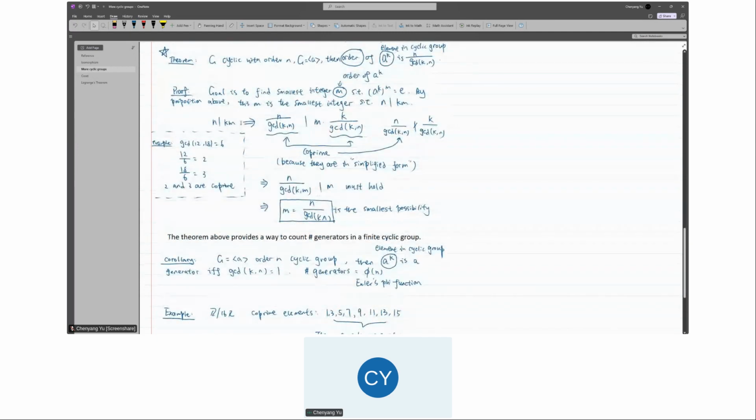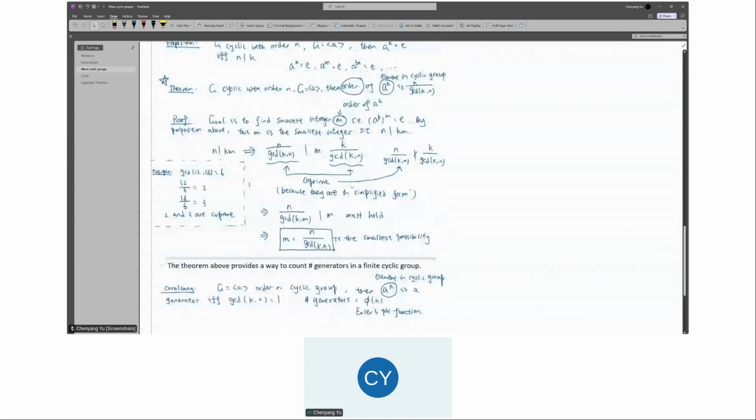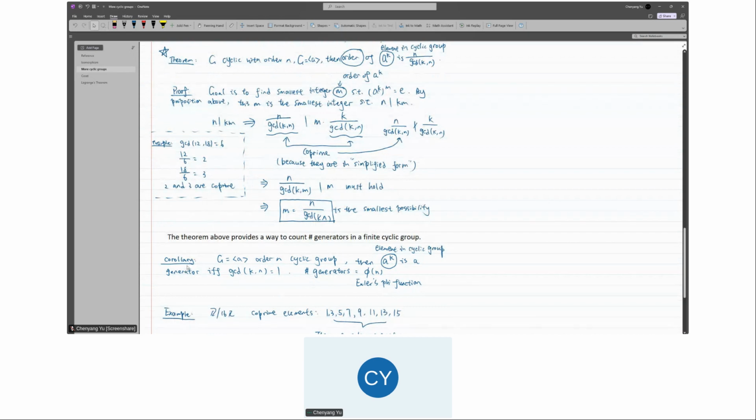The reason I said this theorem is important is because it provides a way of counting the number of generators in a finite cyclic group. How does it work? This theorem implies this corollary. Same setup: G is the cyclic group generated by a, of order n.